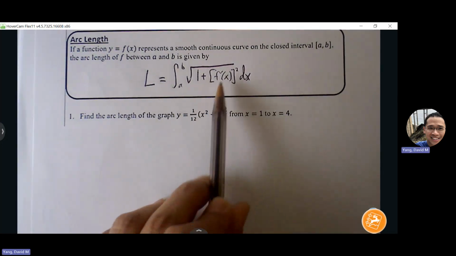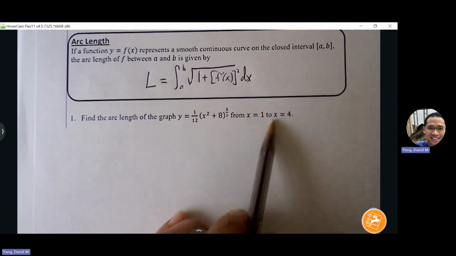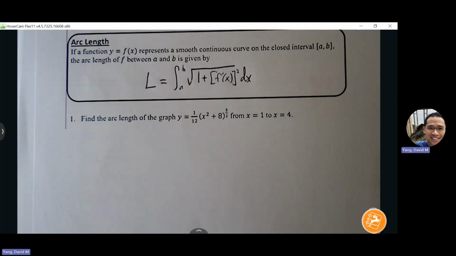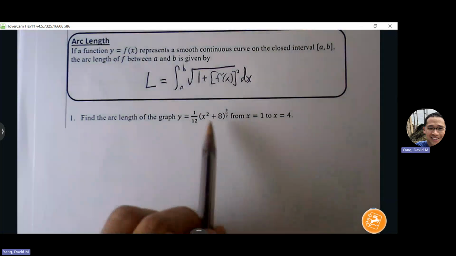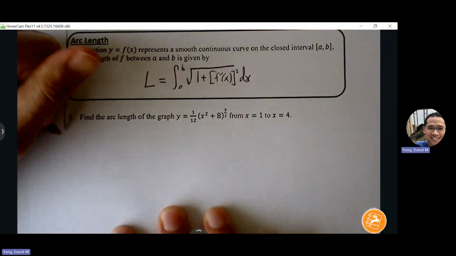We're going to treat y like f of x, and we just have to find f prime. And then our 1 to 4 is just our bounds. So we can just set everything up. But let's just find y prime first. Let's find y prime, and then we can square it and put it into this formula here.